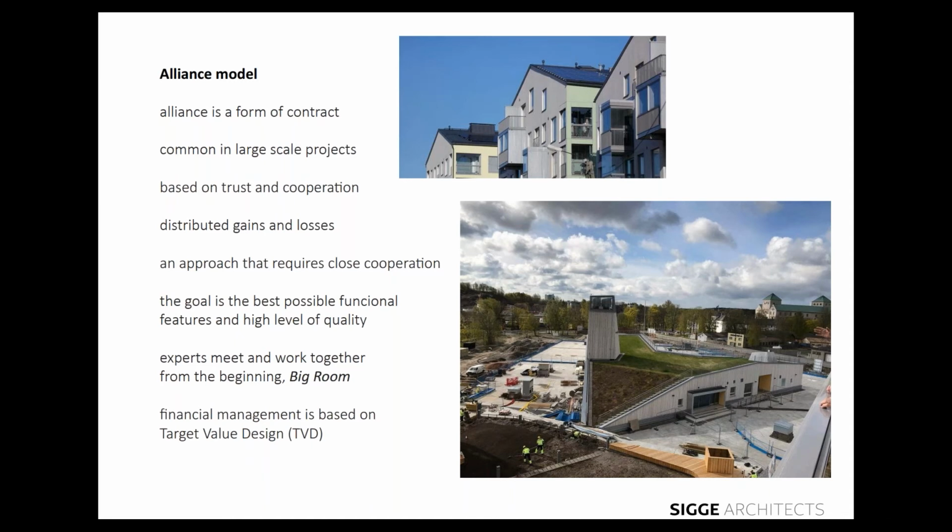Financial management is based on target value design, and basically this means distributed gains and losses. So everybody wins or everybody loses. And this approach requires very close cooperation. The goal is the best possible functional features and high level of quality.